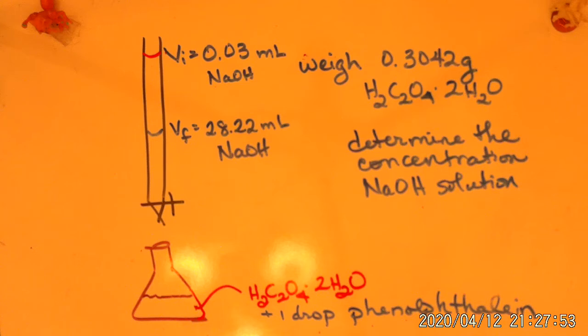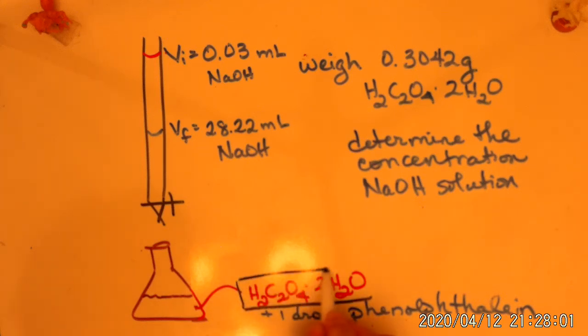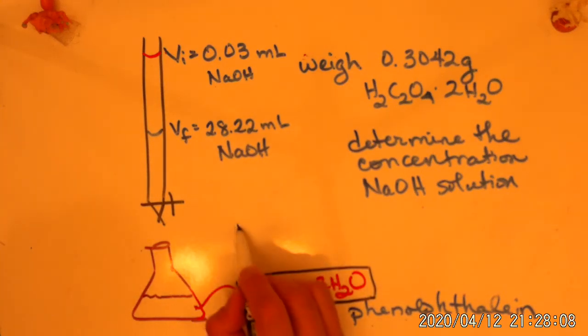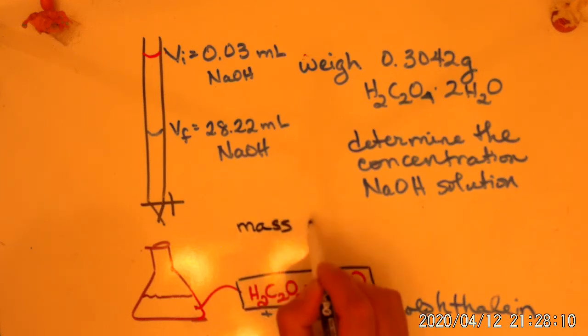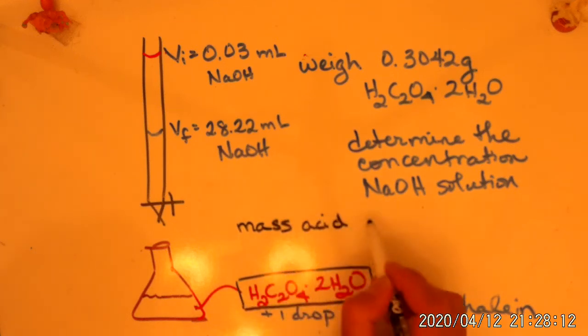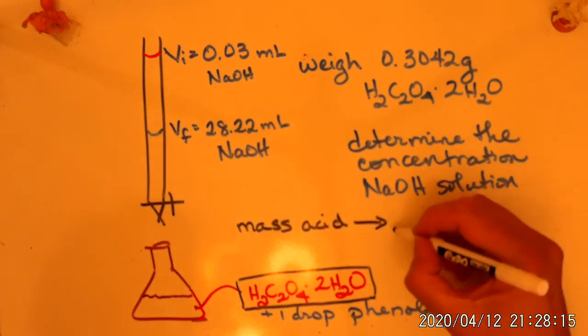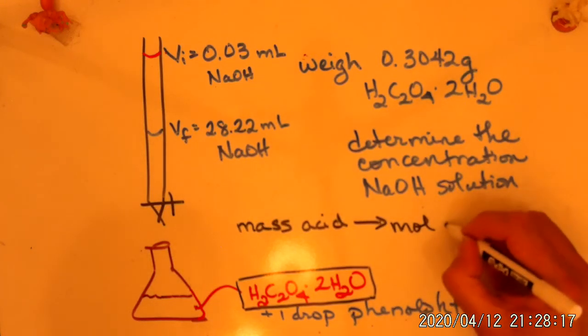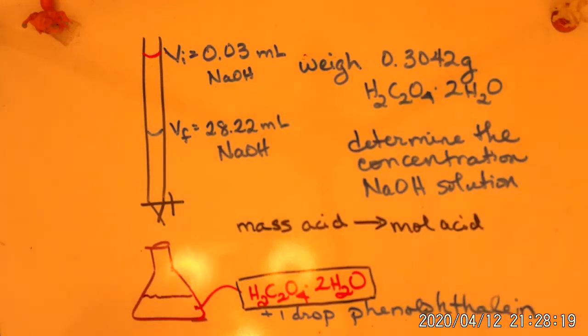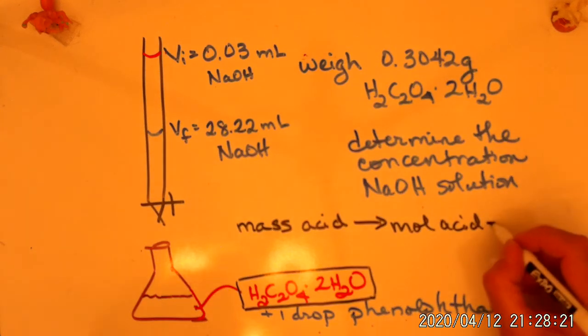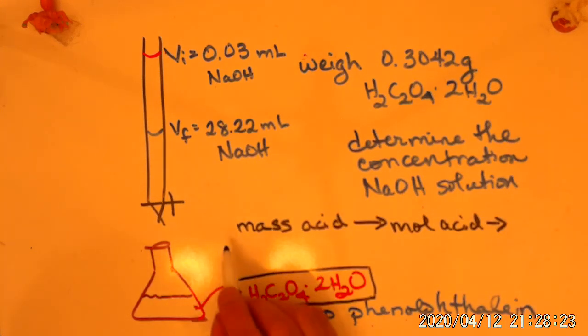Okay? And remember again, when you do the molar mass of your oxalic acid dihydrate, it's the molar mass not only of oxalic acid, but remember, you have the dihydrate. So you're going to go mass of acid to moles of acid, and we use molar mass. Okay? And then write out your balanced equation.